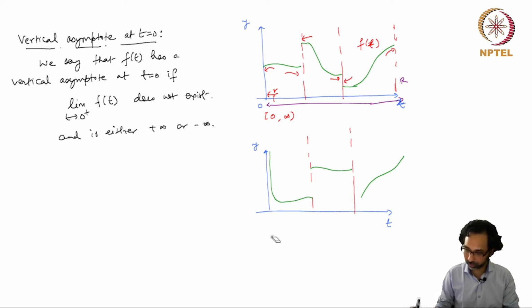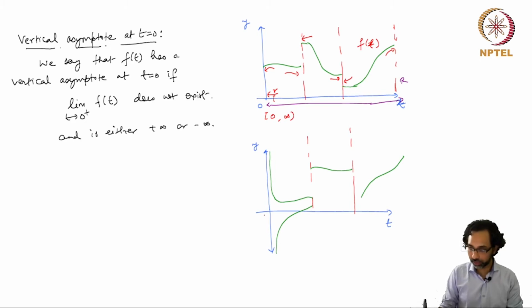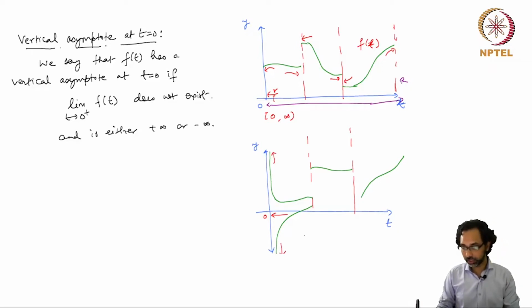So here we have the negative y axis, and the function can approach minus infinity when you approach 0 from the right. In this case, this line is known as a vertical asymptote.